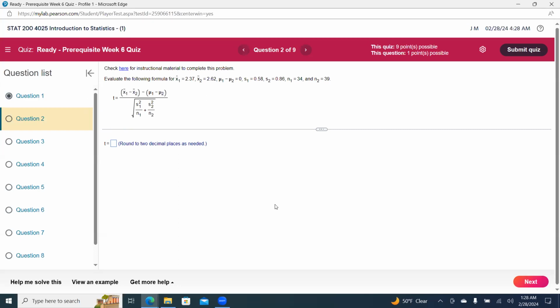Okay, so that's the test statistic. Yep, that is the test statistic for a difference between two means, independent sample. We can plug into that thing right there. A two sample t-test is what it is. So they have to give us the alternative hypothesis, but for this one problem, for the test statistic, they actually don't.